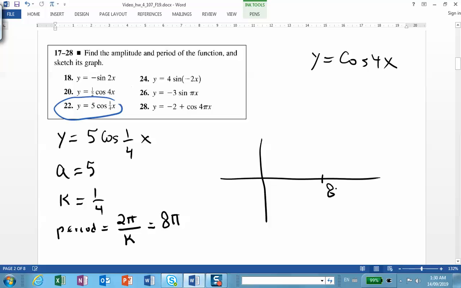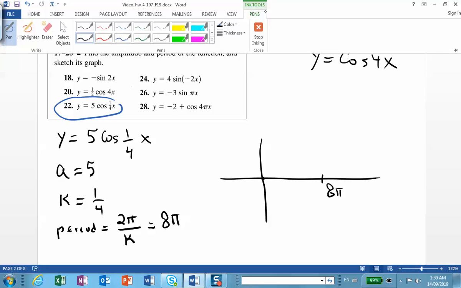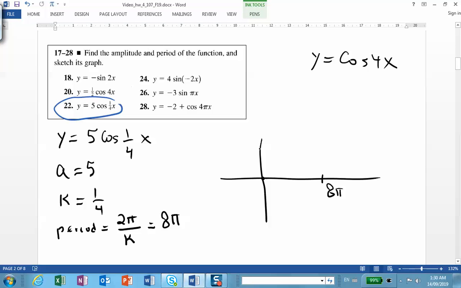Between 0 and 8 pi is where I have to concentrate. Alright, so this height for cosine is between 1 and -1. I have to fit the cosine in between these. So this is going to be the halfway point, which is 4 pi, and the cosine is going to go to 0 here and 0 there, and a height of -1 here, +1 there.